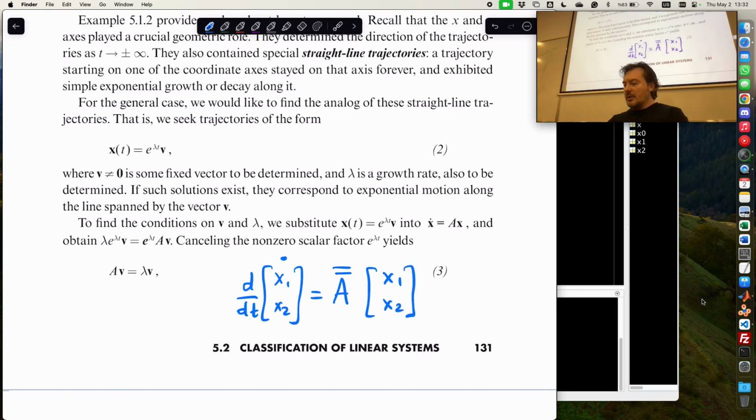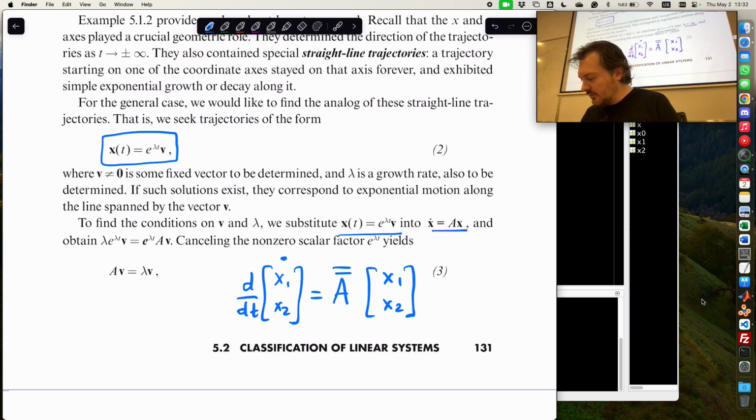Yes? And you might remember from the very first lectures that you can propose a solution like this, right? If you do so, you can just substitute that into this equation and you end up with an eigenvalue equation, right?